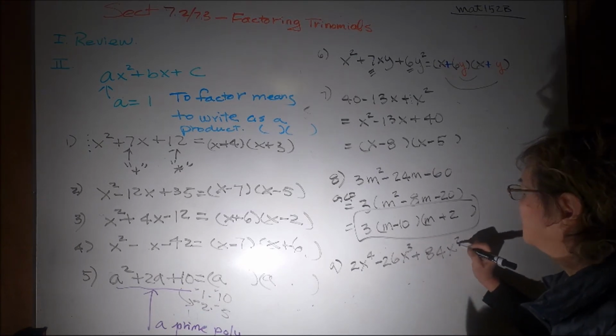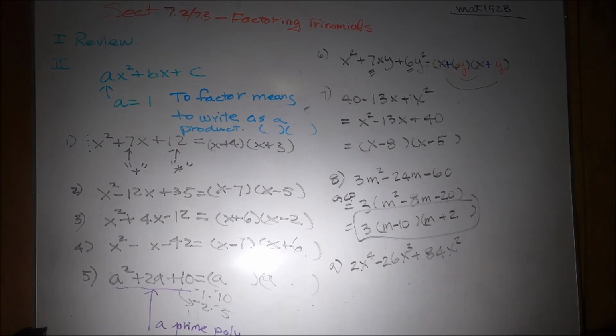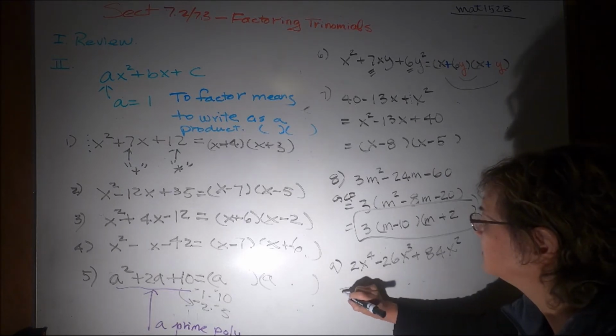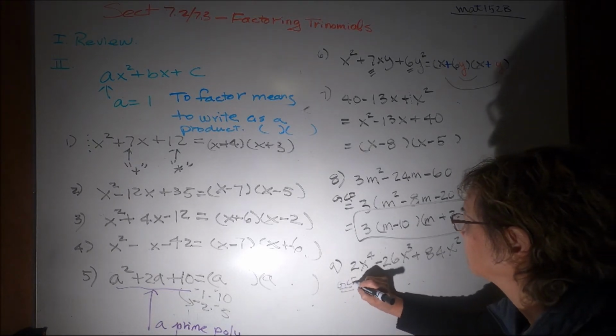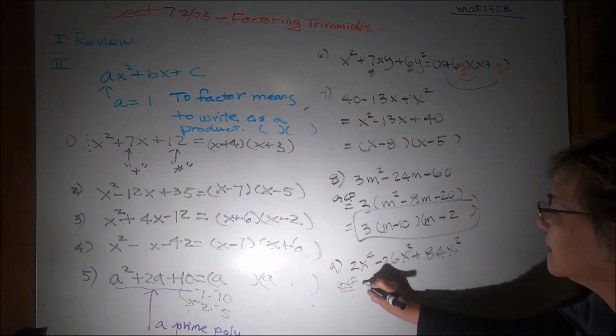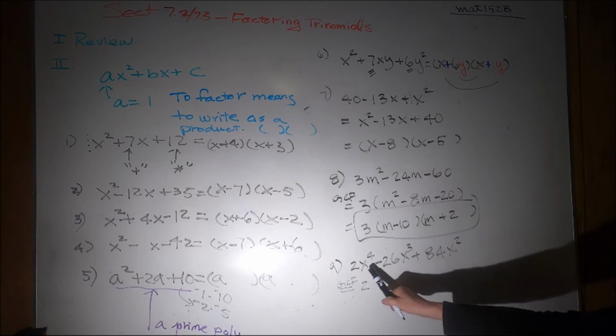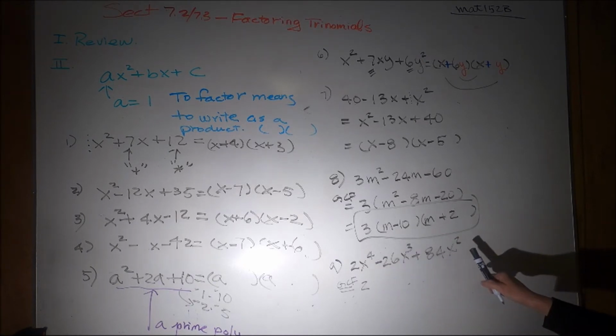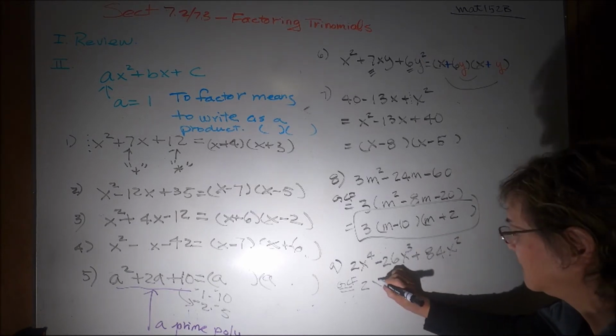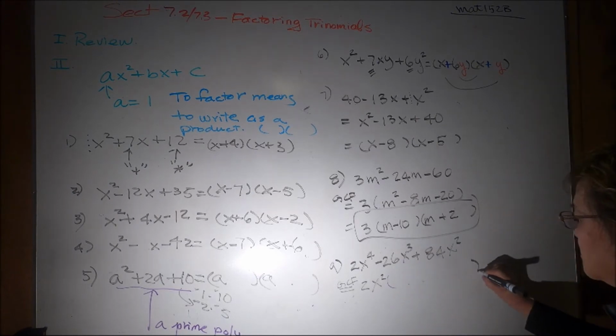Then for this one, when you first look, it's a big number. However, if you do GCF first, take a look. 2, 26, 84, that would be 2. Besides 2, you have another GCF. What is that? X fourth, x cubed, x squared. So you should have another x squared as your GCF.